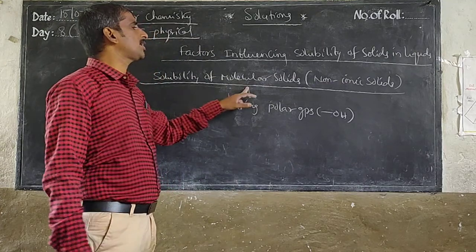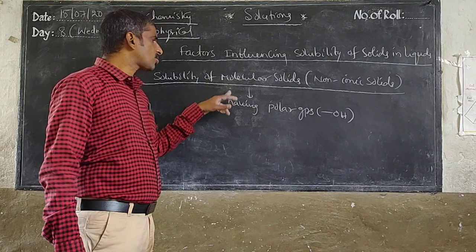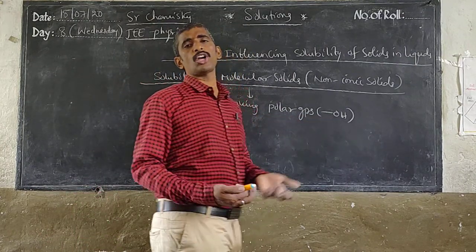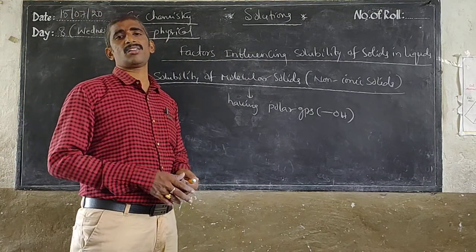So molecular solids are nothing but non-ionic solids. Molecular solids having polar groups containing OH group are soluble in polar solvents like water and methyl alcohol.